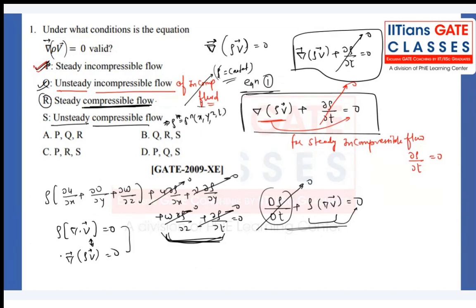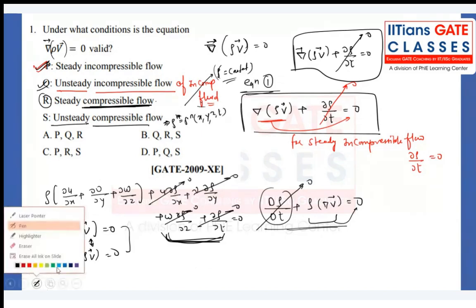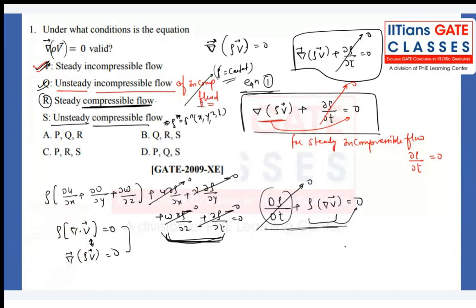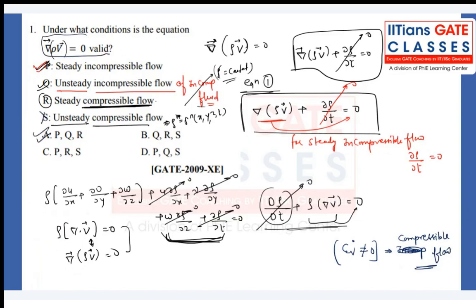Compressible flow means volumetric strain rate is not equal to zero, right? That is a compressible flow. So we cannot write comfortably this equation. So this is incorrect. So PQR will be correct. A option is correct. Any doubt? Let me know this question.